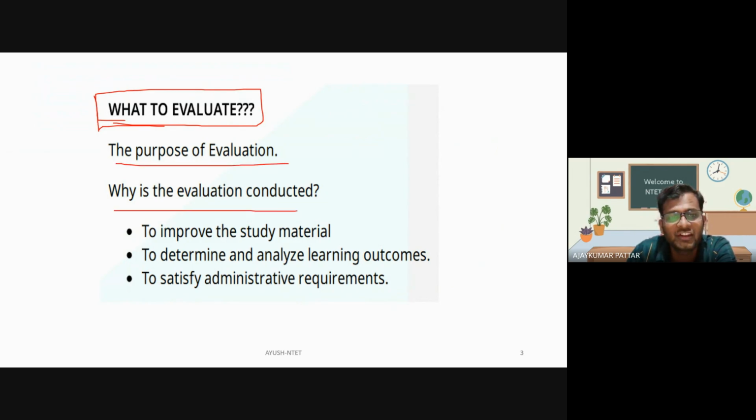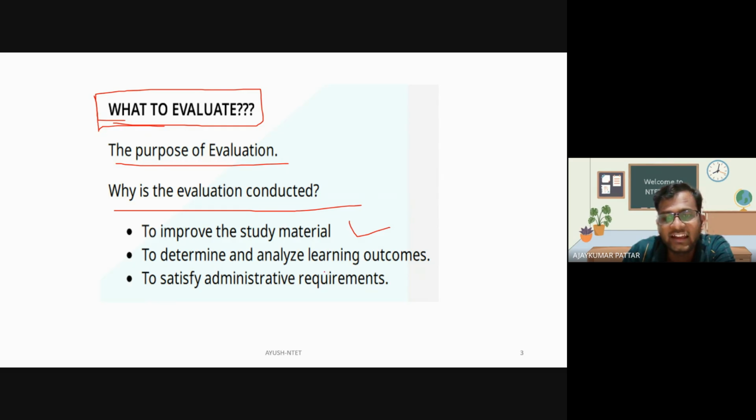Why is the evaluation conducted? The answer is to improve the study material. If we evaluate the students after some course, some terms, some months, and we did not get good results in the evaluation, so a better judgment we can't make, so learning is poor, then it will help to improve the study material.